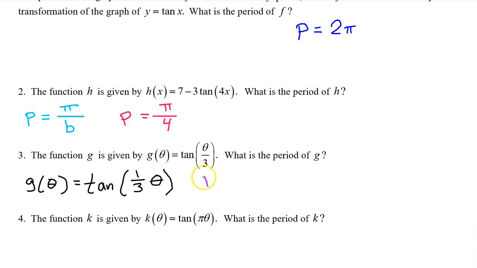Now we know that the period is always pi divided by the b value for a tangent function. So the period will be pi divided by 1/3. However, when you divide by a fraction, you multiply by the reciprocal. So the period will equal pi times 3. Therefore, the period is 3 pi.